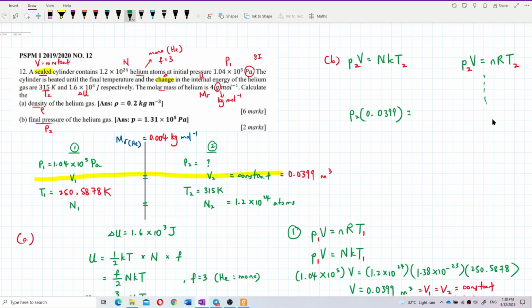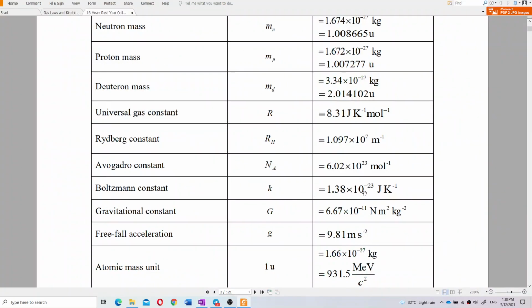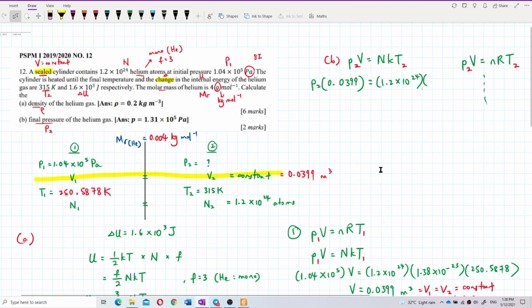So I use the total atoms and see what I get. The total atoms is 1.2 exponent 24. What's the value of k? The value of k you can find from the list of constants, 1.38 exponent negative 23.